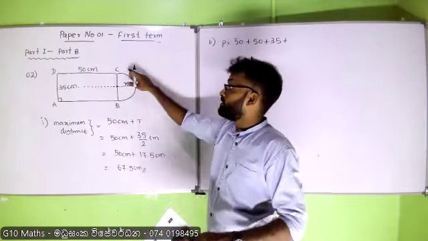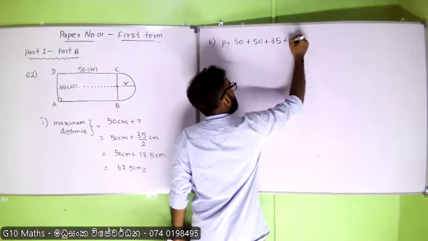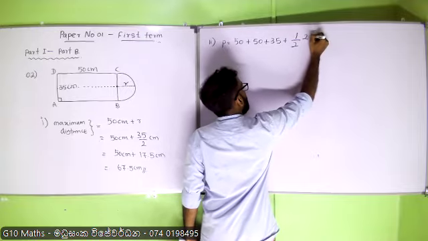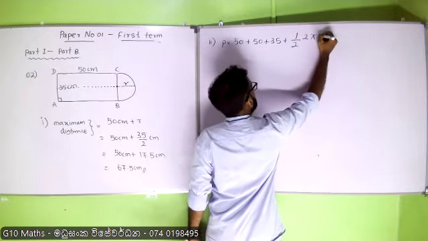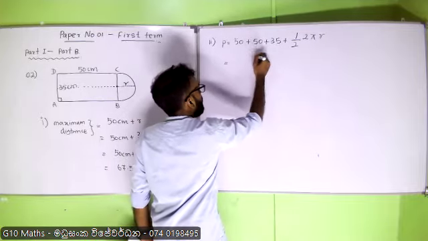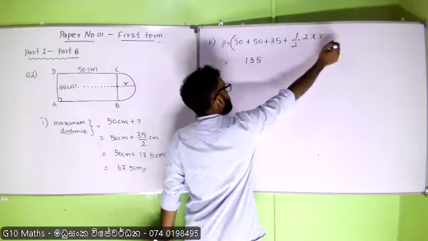That is the arc length. So how to find the arc length? Portion of the circle, half, 2 pi r. Right? So 50 plus 50, 100, 135. The unit is centimeters.